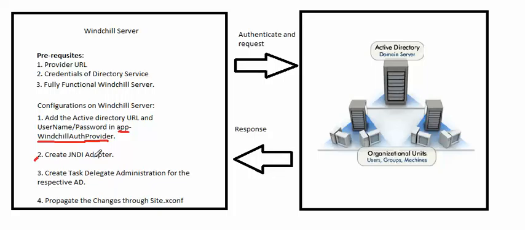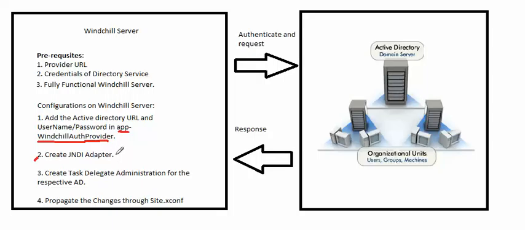These JNDI adapters can be configured from the GUI. Windchill is a web-based application, so we log into the browser, go to the site utilities, and open the Info Engine administration.